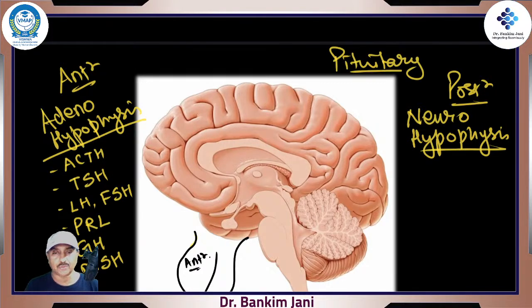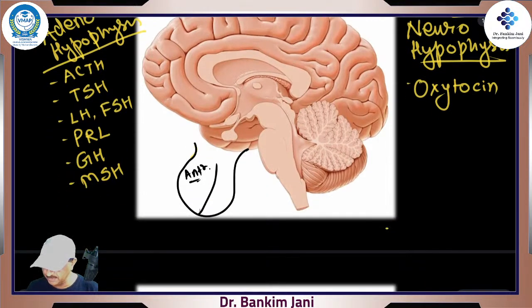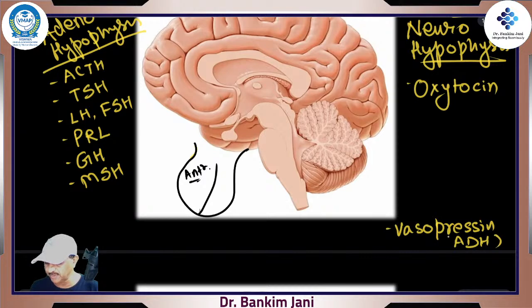What about the neurohypophysis? 2, right? One would be oxytocin, and second, the vasopressin. I am writing vasopressin here. Because vasopressin is what? It is ADH, antidiuretic hormone.